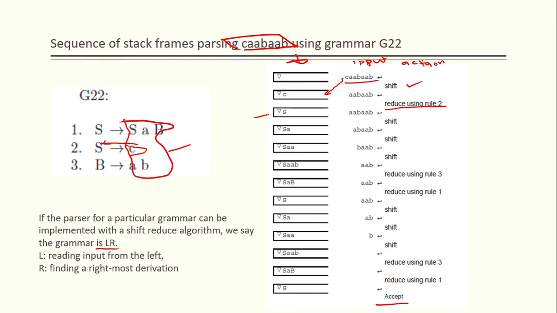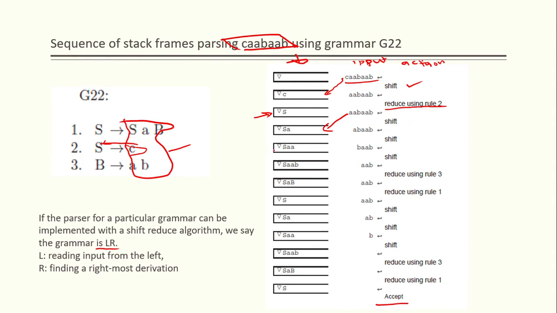Okay, so on the third stack, you have S inside your stack. You check whether S is the same as a right-hand side of the grammar. No. If no, then you need to shift another input. The next input is A, so you write down the shift.